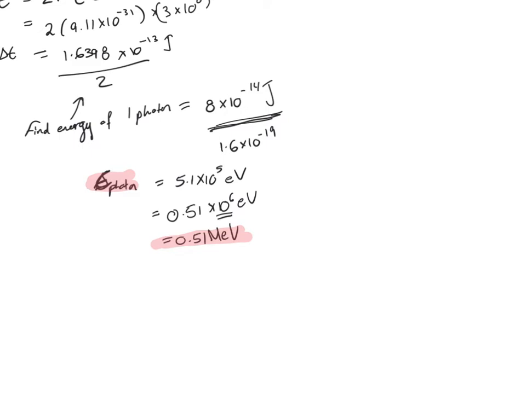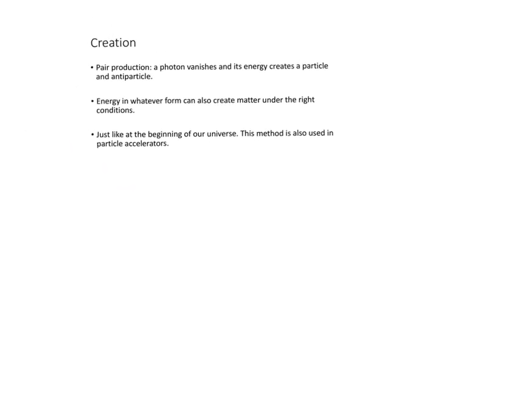Now, if we have a single photon splitting into a particle and an antiparticle, it will need to have double that energy. And so it will be 2 times 0.51 mega electron volts. So for one photon to be able to be split into a positron and an electron, it will need to have minimum this much energy.